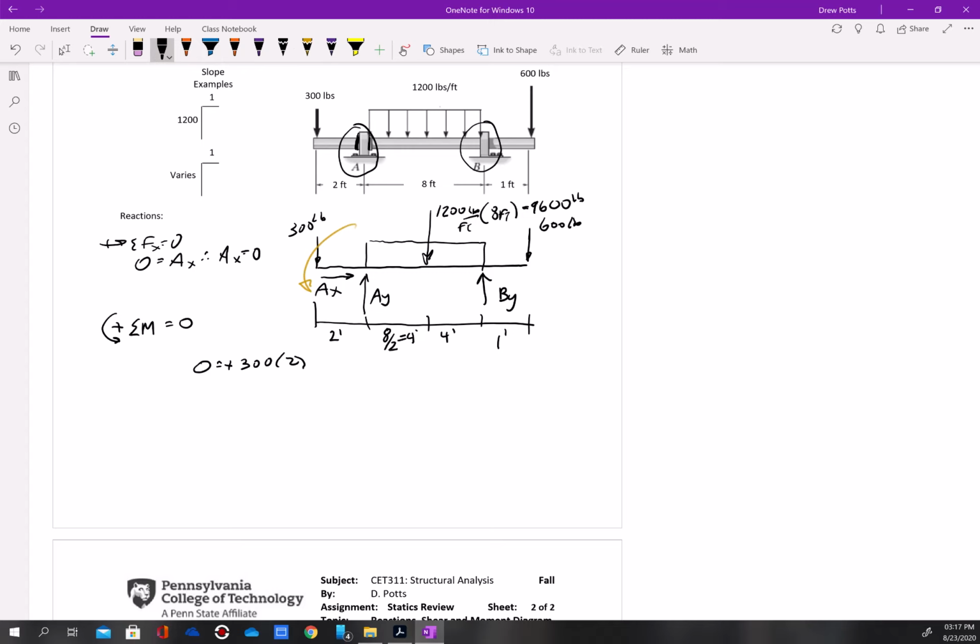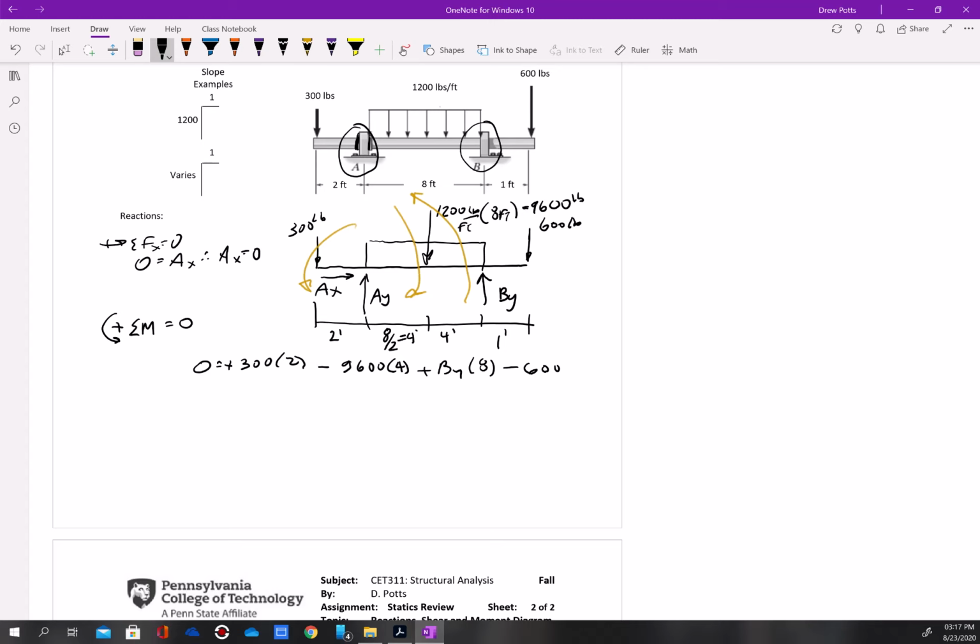And then I have 9,600 times 4 feet, and again, this is going clockwise, so therefore it's going to be negative. And then I have BY times 8. It's going counterclockwise, so it's going to be positive. And then I have minus 600.